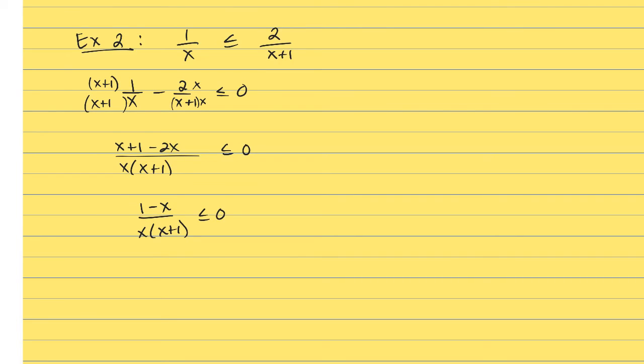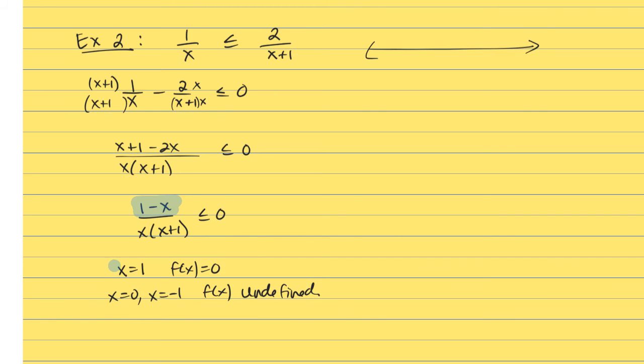So then we get our key points, which happen when x is 1. That's when our function's output is actually equal to 0. And when x is 0, and when x is negative 1, that's when our function is undefined. Because we're looking at what would make the numerator 0, that would give an output of 0 for the numerator.